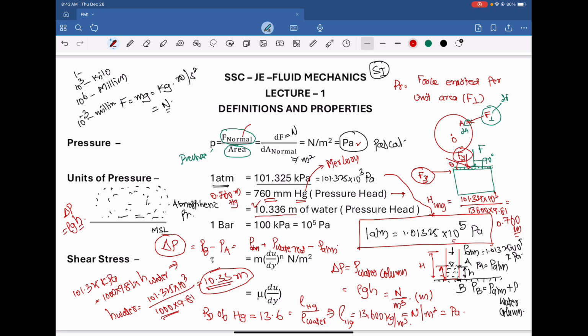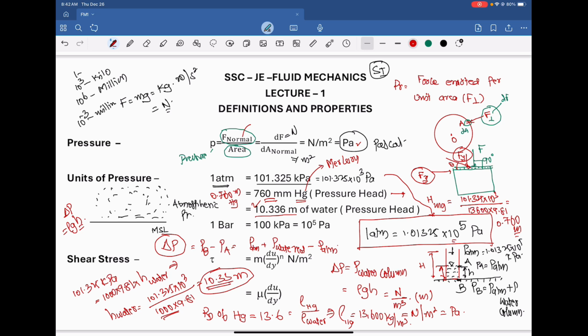Now, it is very, very important to understand the units of pressure. Very important. I took more time here. 1 atmosphere is equal to 101.325 kilopascals. That is equal to 101.325 into 1000 pascals.